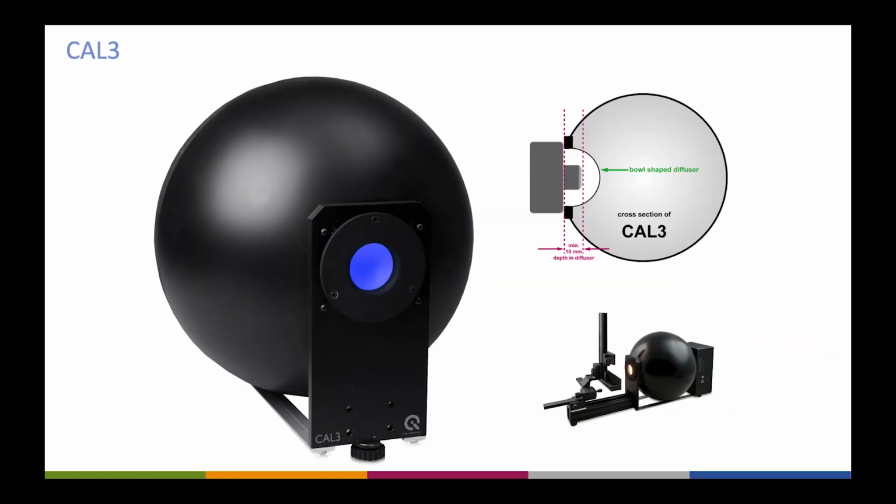What you can do for that is use the Cal 3. The Cal 3 is a light source based on IQLED technology with a bowl-shaped diffuser. You have a diffuser that has the shape of a bowl, so you can bring your DUT, the device under test, actually into the diffuser.